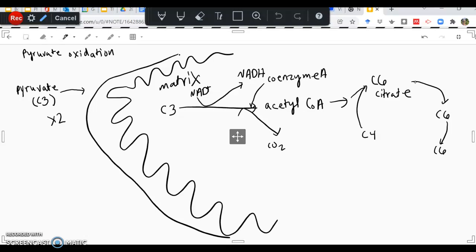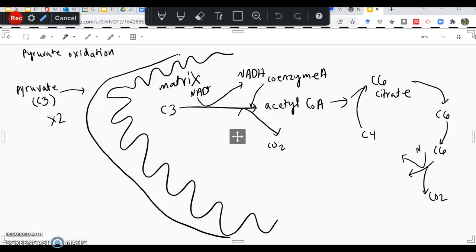Okay. So we're going to couple that with a breaking off of carbon dioxide. And carbon dioxide, because it's a small nonpolar gas, is going to diffuse right out of the mitochondrion and out of that cell.